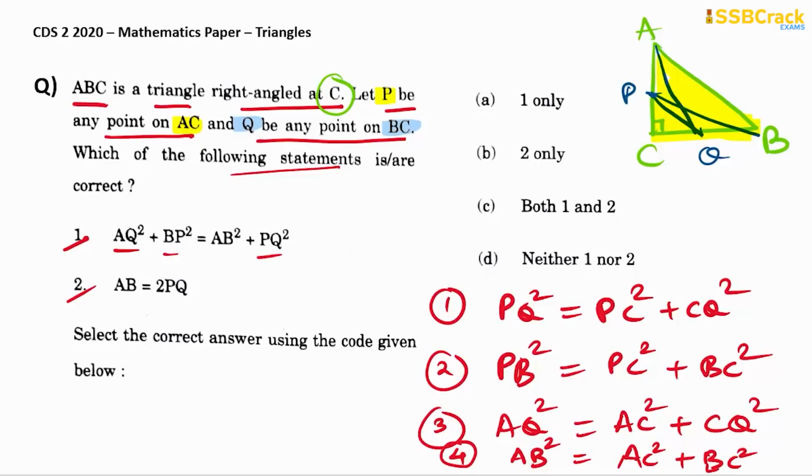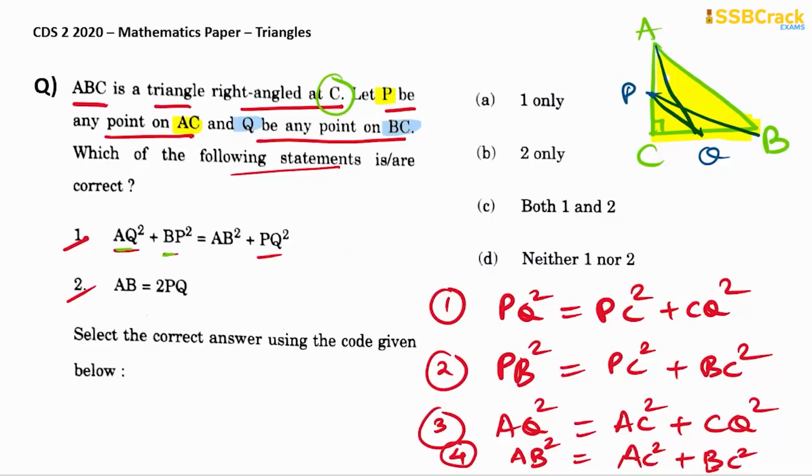So now just observe these 4 statements closely, how you can operate upon them. You could see that in the left hand side we have AQ and BP, right? So I would be doing the subtraction so that we get cancellation of terms. We can take the combination where one of the terms gets cancelled.